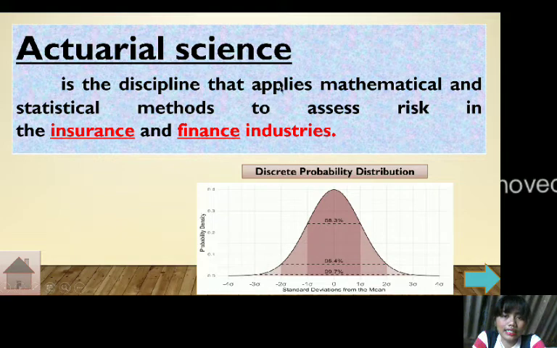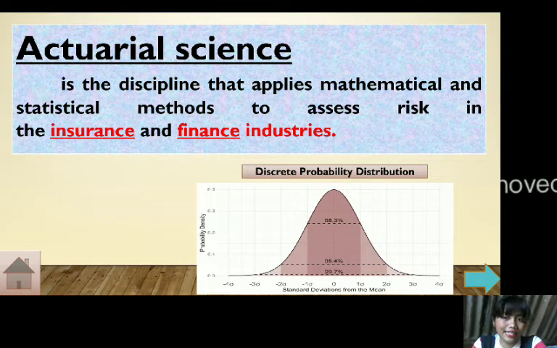Actuarial science is the discipline that applies mathematical and statistical methods to assess risk in the insurance and finance industry. Actuarial science includes a number of interrelated subjects, including mathematics, probability theory, statistics, finance, economics, and computer science.